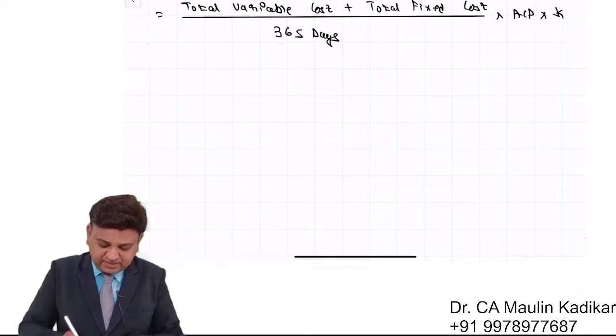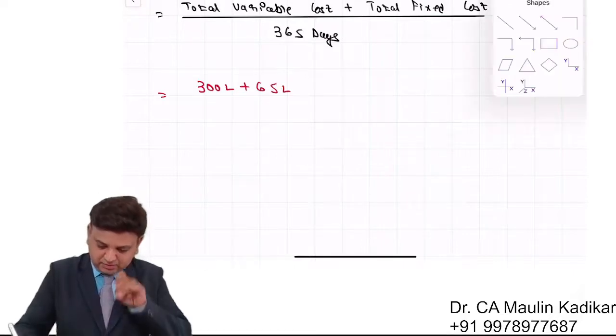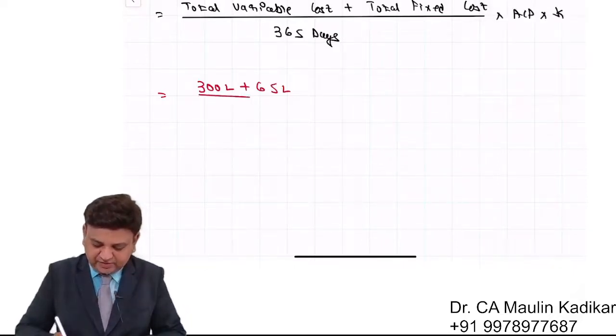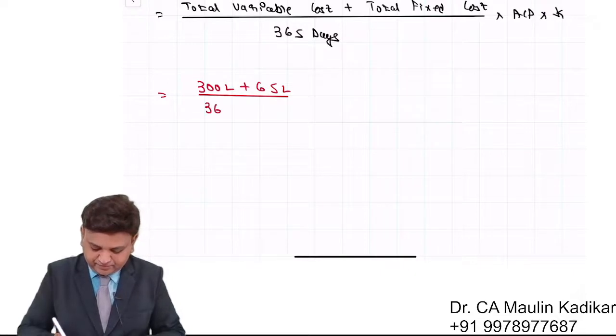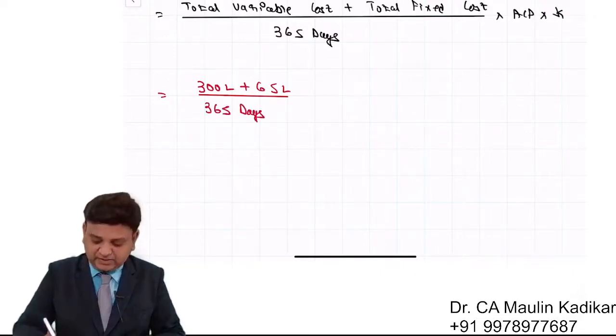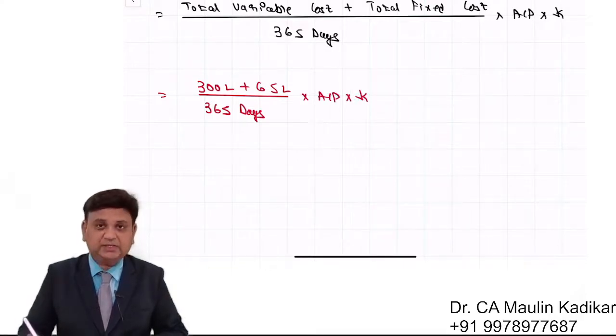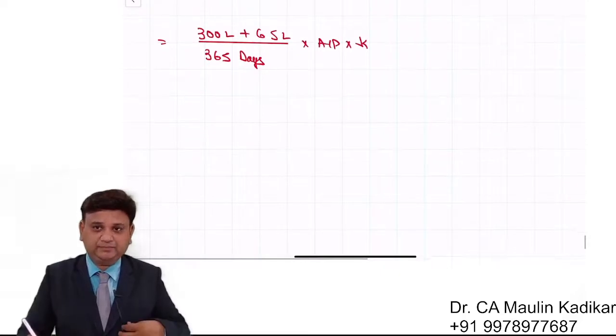I am writing this answer in detail. 300 lakhs plus 65 lakhs. So the annual cost is 365 lakhs, divided by 365 days, into average collection period into cost of capital.